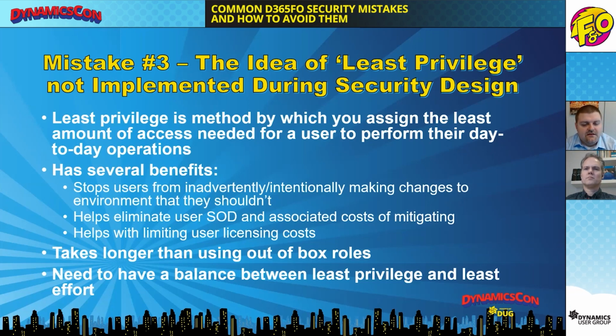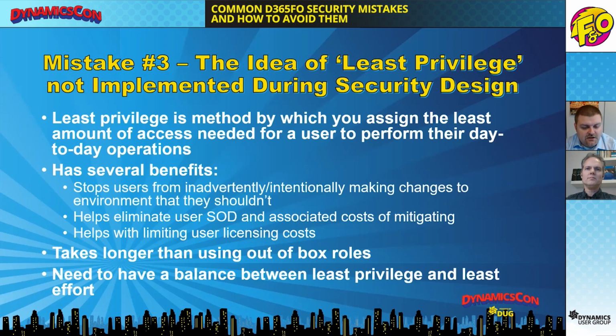And the final piece is one that Andre and I talk about quite a bit as well, which is the licensing cost. F&O is kind of unique in AX in the sense that the security the user is assigned directly impacts the license that's required for that user. So by changing a user's access, you could also potentially be changing the license they're required to have.